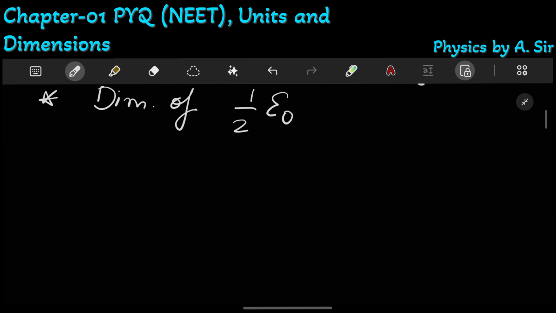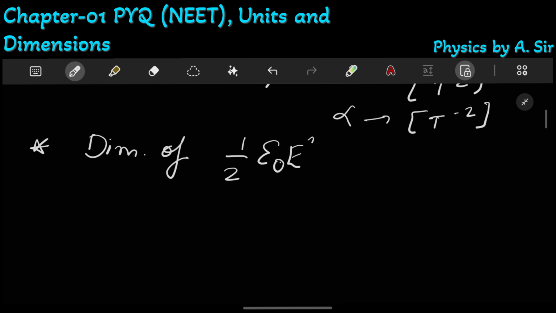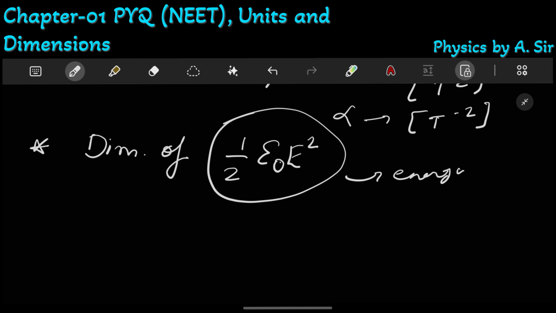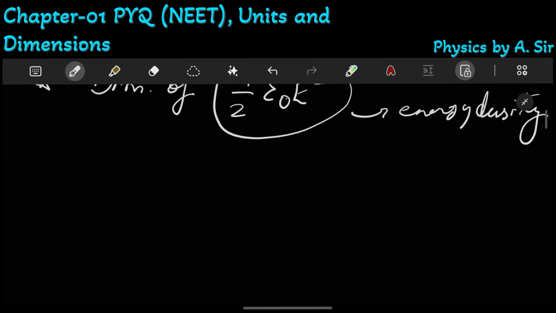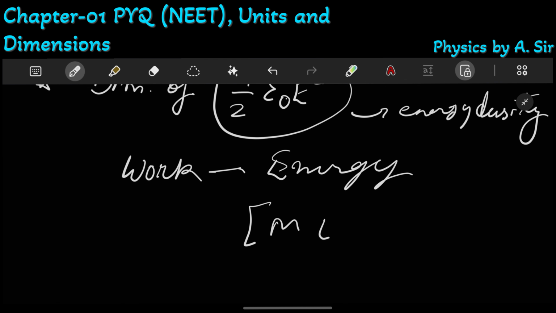Now let's see the next one. The dimension of 1 upon 2 epsilon naught E square. It is a quantity which is known as energy density. Energy has the same dimension as work, which is ML square T to the power minus 2.